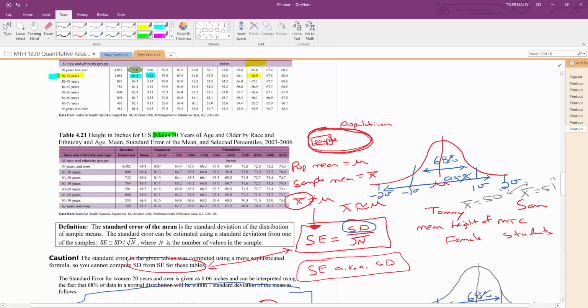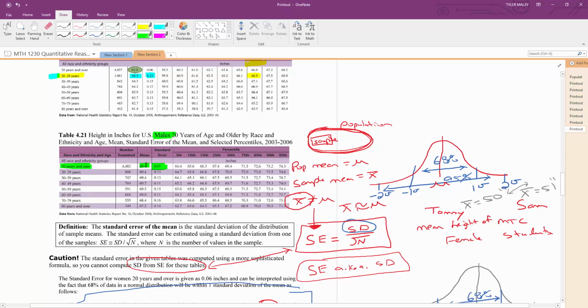We want to look at the males, the group 20 years and over, which is here, and we're asked to use 95% probability by interpreting the standard error.